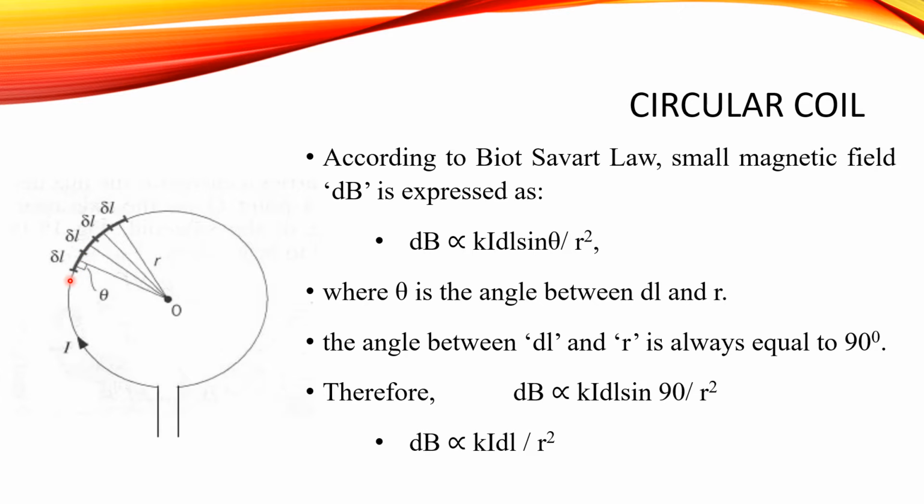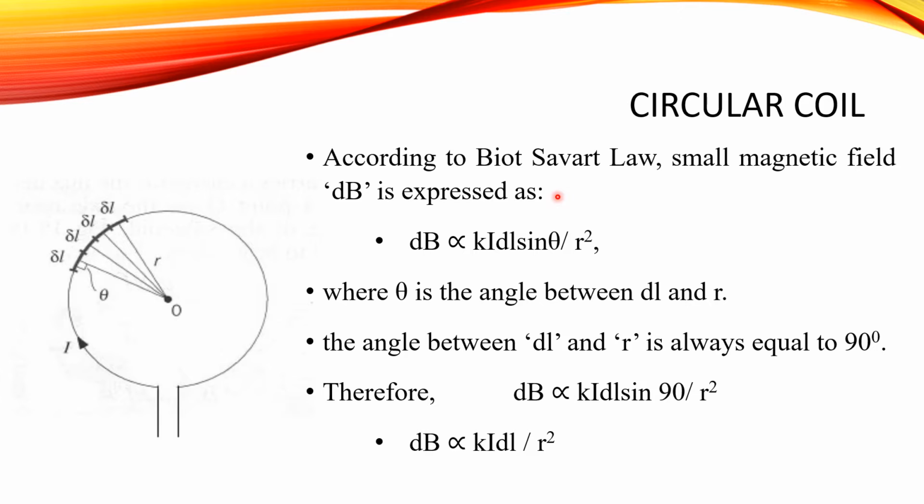These are small parts, and each part is denoted by dl. We have also drawn the radius r from O to dl in this circle.